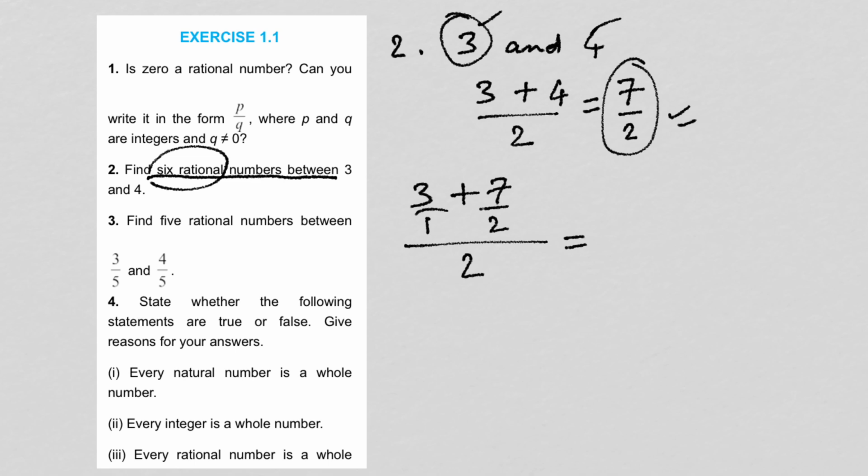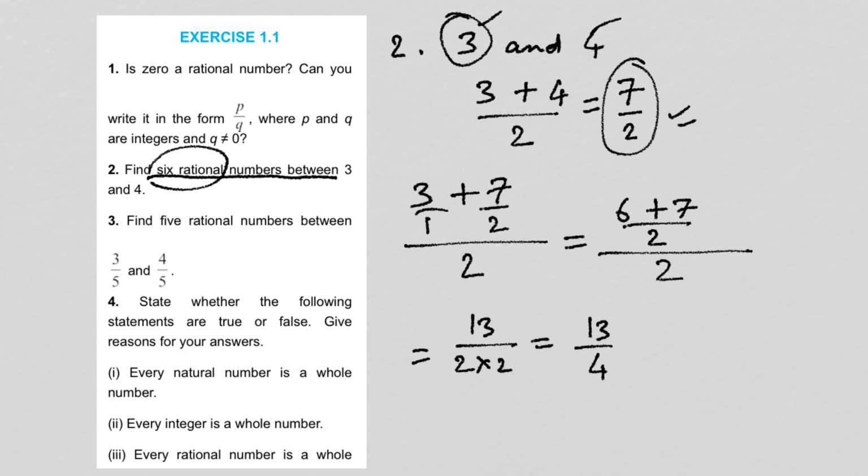So adding these two numbers gives 13 by 2, whole divided by 2, which is 13 by 4. It might look clumsy because it involves a lot of steps. So this is the second rational number.